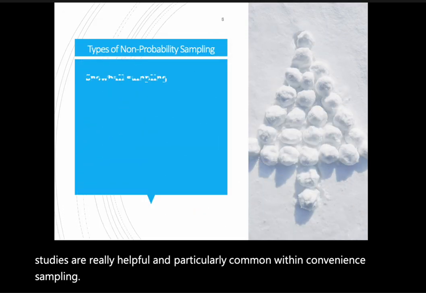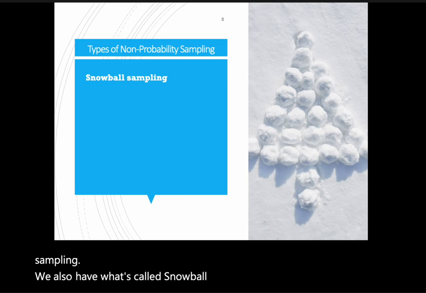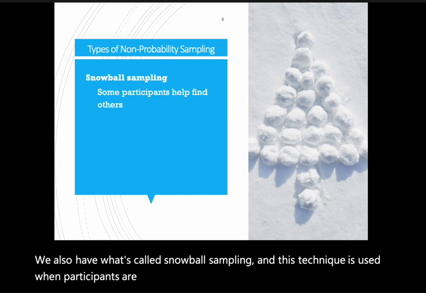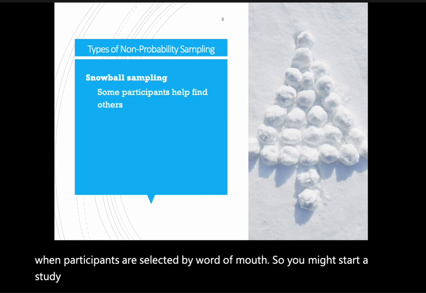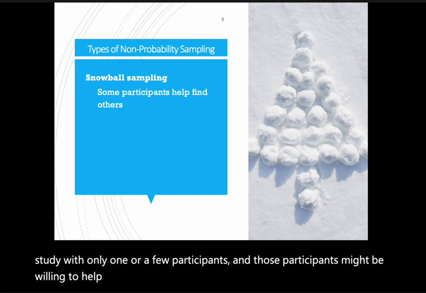We also have what's called snowball sampling, and this technique is used when participants are selected by word of mouth. So you might start a study with only one or a few participants, and those participants might be willing to help you find more participants to be in your study.